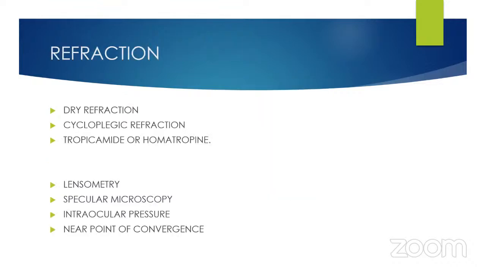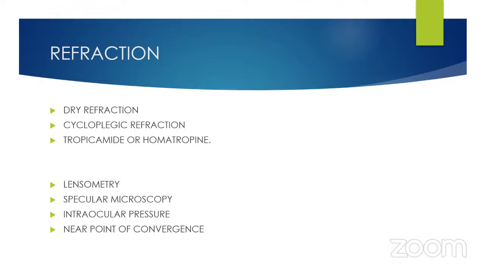And coming to refraction, good dry refraction is done, and also cycloplegic refraction is done using either tropicamide or homatropine. Homatropine can be used in a patient with hyperopia to relieve accommodation. And then lensometry is done to check the stability of the previous refraction.